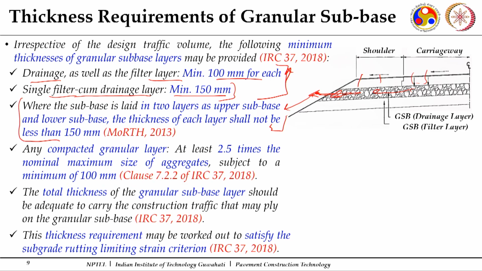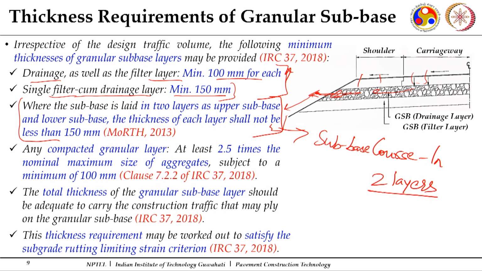And MORTH says whenever you construct a subbase course in 2 layers, go with at least 150 mm in each layer.